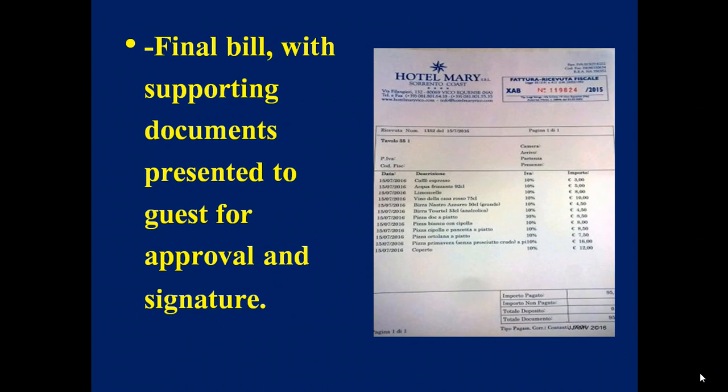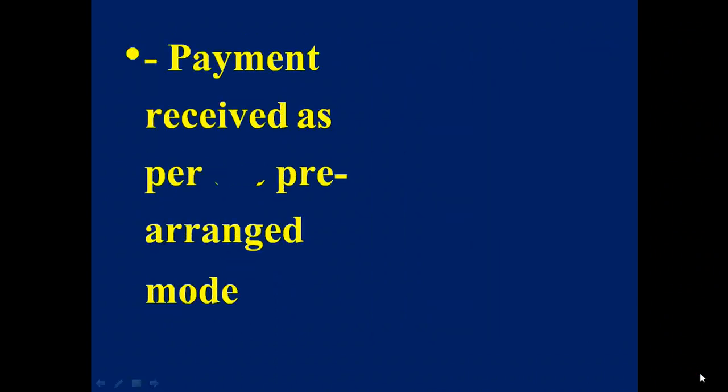Once front office department got the approval from the guest, they take the signatures from the guest and give one copy to guest and keep one copy with them. So that's how departure procedure takes place in 5-star hotel.